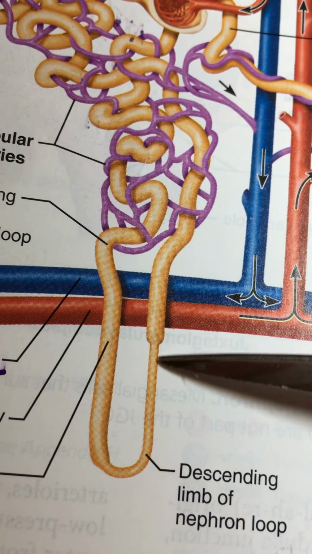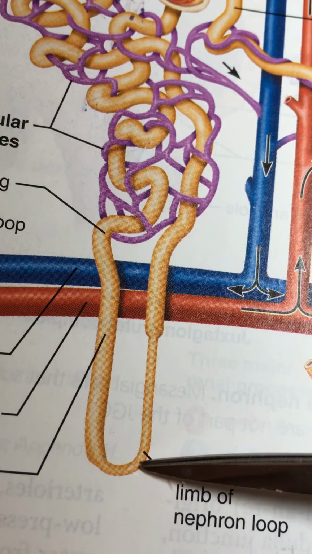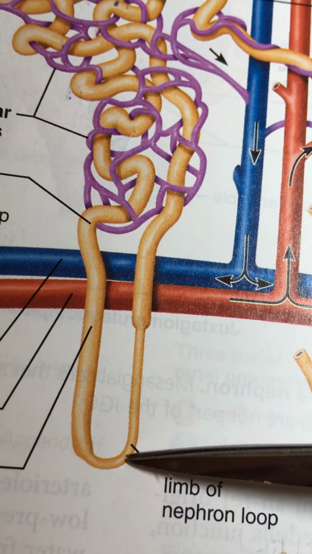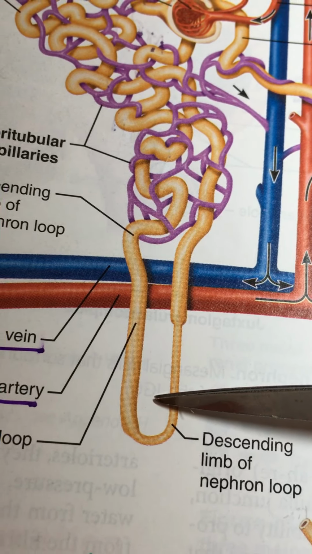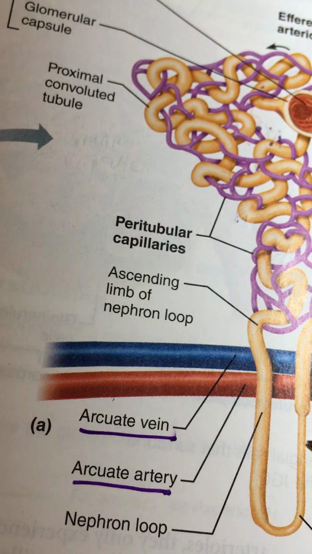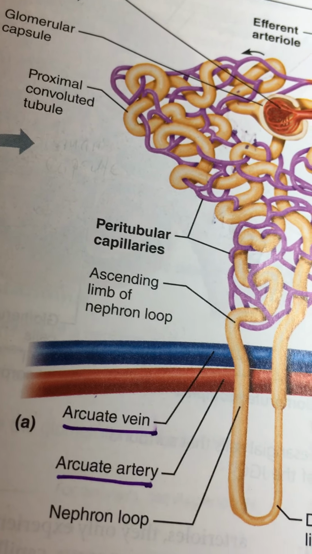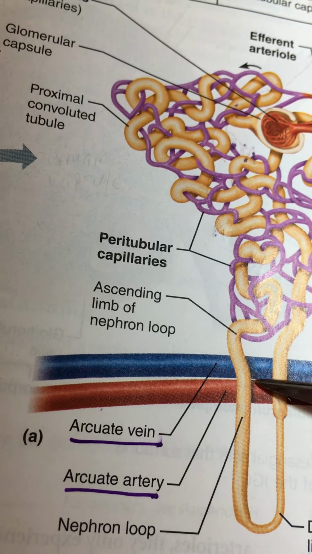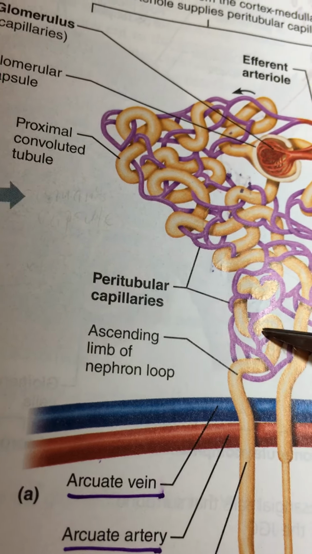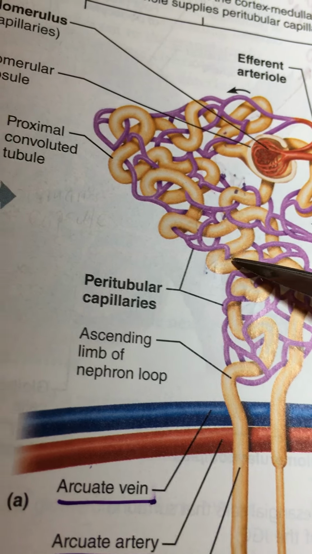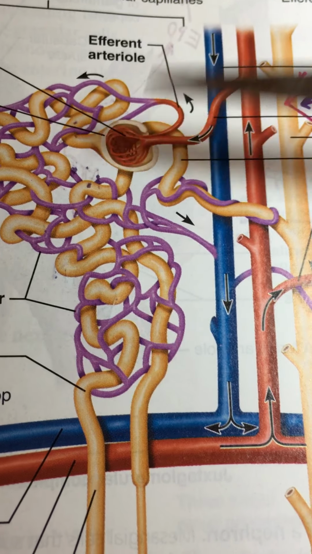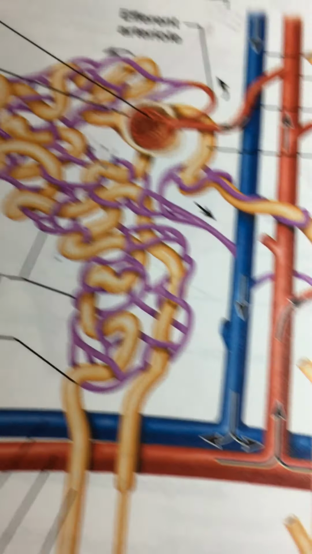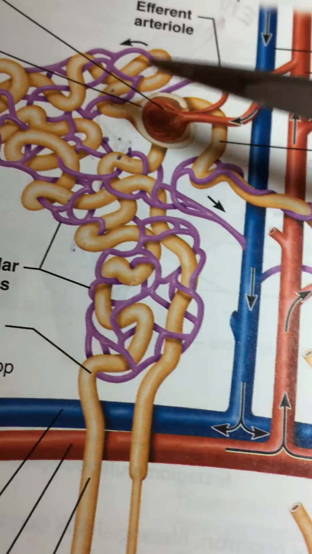It comes down. This is the thin portion, which is a downward portion. Let's make sure that this is the correct procedure. It is. Okay, and then we come back up and go to the distal convoluted tubule, which comes up this way, and then we eventually get over to the collecting duct.